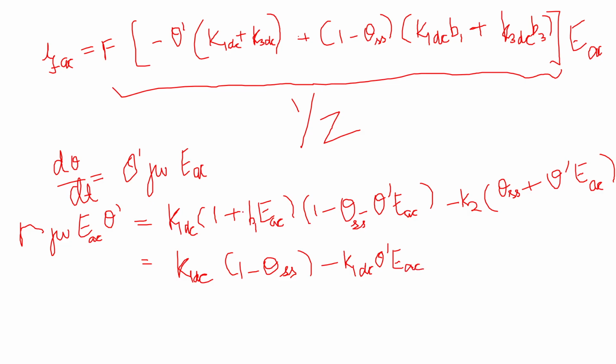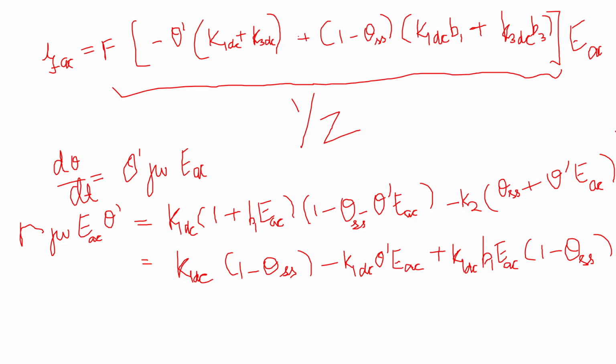Again K1 dc B1 into B1 EAC into 1 minus theta ss. Any doubt in what is being written? Basically, I'm just opening the brackets, and the last term is K1 dc B1 EAC into minus theta dash EAC. You'll see EAC square will come, so that term is going to be very small and we can neglect it.